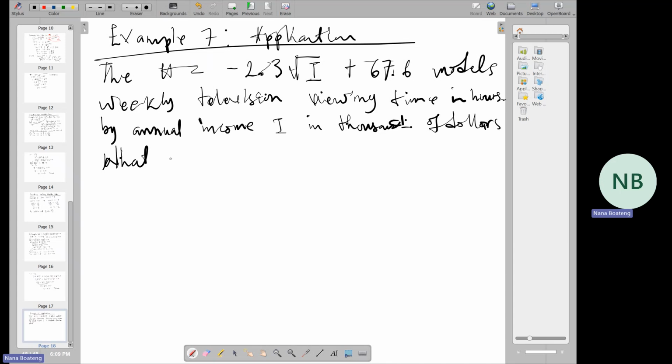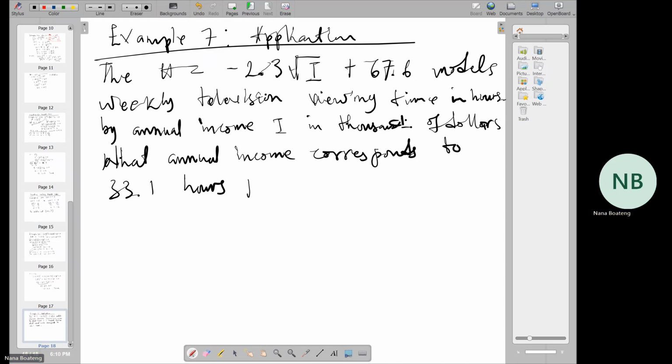What annual income corresponds to 33.1 hours per week of TV watching?